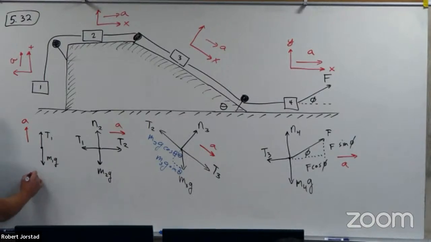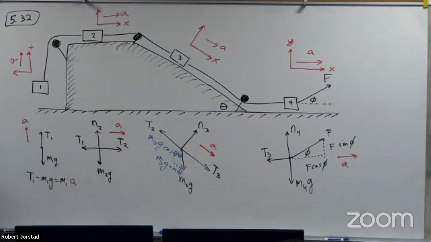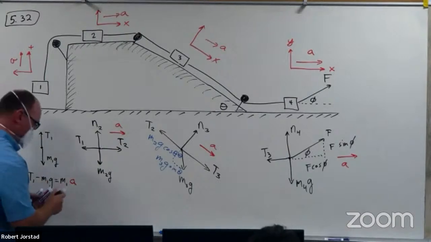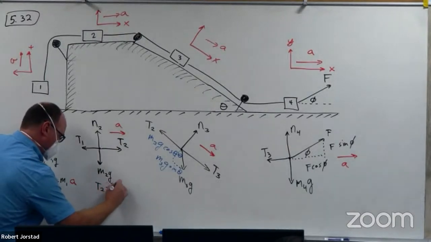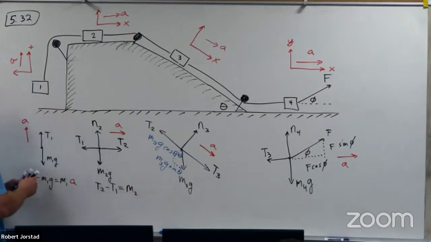T1 minus m1g. Somebody else, give me the force equation in the x direction for this one. T2 minus T1 equals m2a. Good.